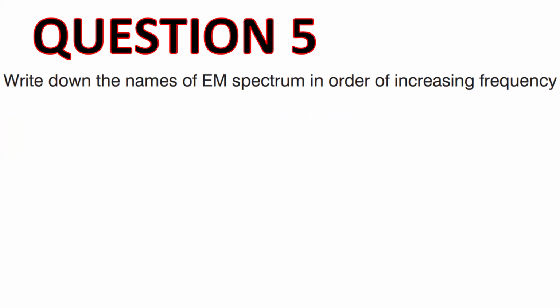So the longest wavelength, lowest frequency, down to the last one with the shortest wavelength, highest frequency. Take your time and please write them in order. Stop the video and try.